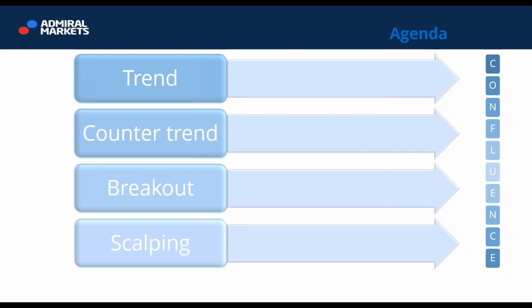It's just an explanation of cutting an intraday trade or prolonging a scalp trade. So that is in between intraday and scalp trade. So basically you will need to decide whether you will take a trend, counter trend, breakout, or scalping entry.